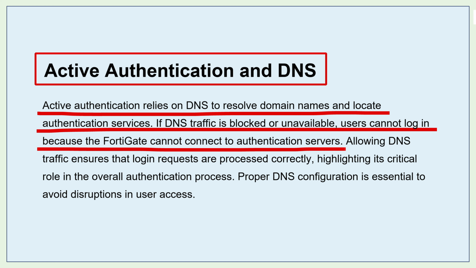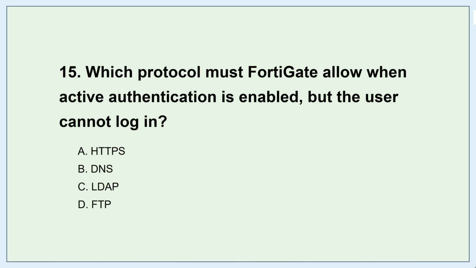If DNS is blocked, users can't log in. Allowing DNS traffic ensures the authentication process works smoothly. Correct. DNS is essential for name resolution during login. Incorrect. These protocols are not as critical.